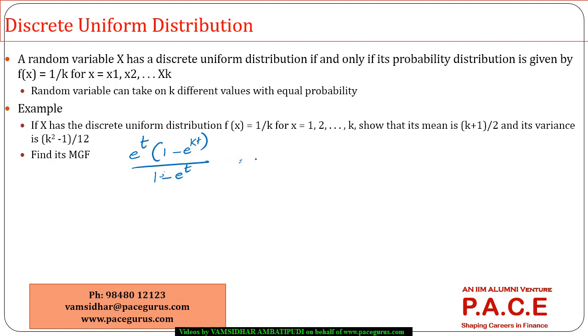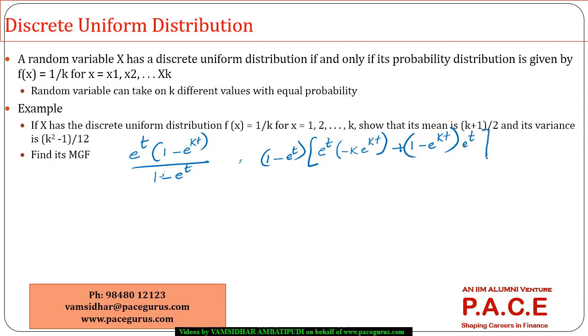So the derivative of this is becoming 1 minus e to the power of t, and I am multiplying this with e to the power of t into minus k e to the power of kt, plus 1 minus e to the power of kt into e to the power of t.